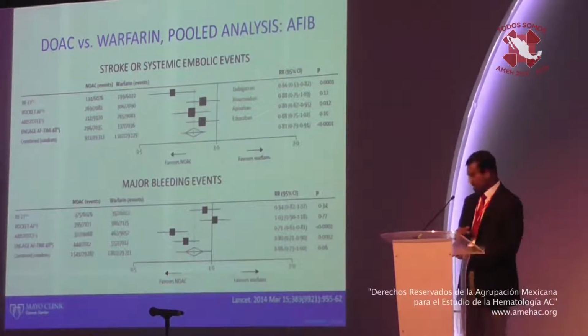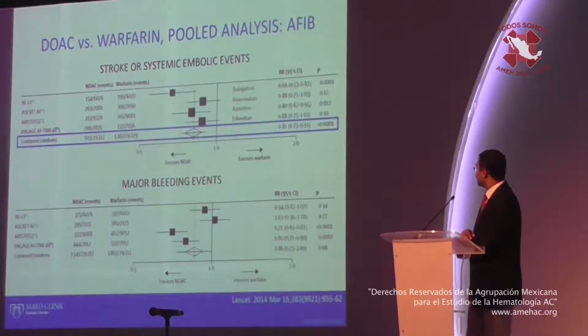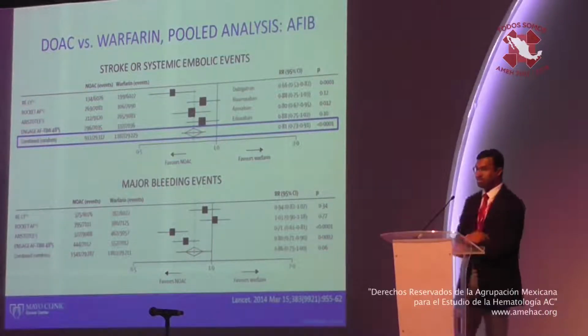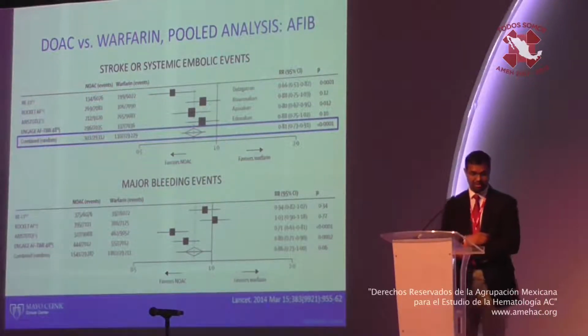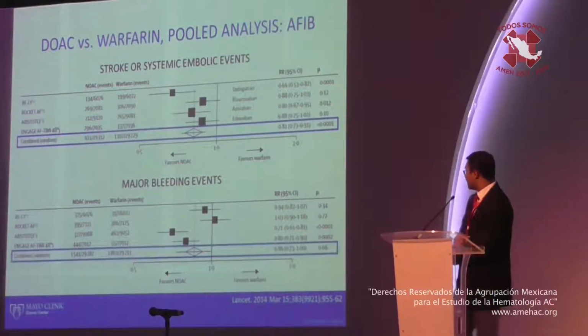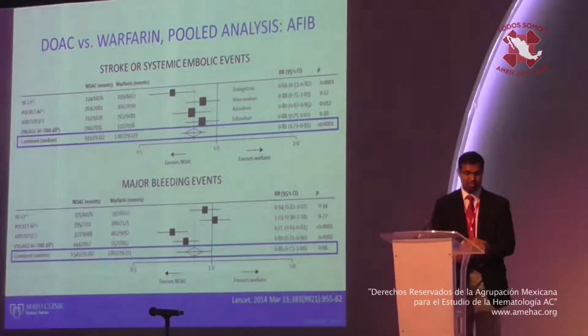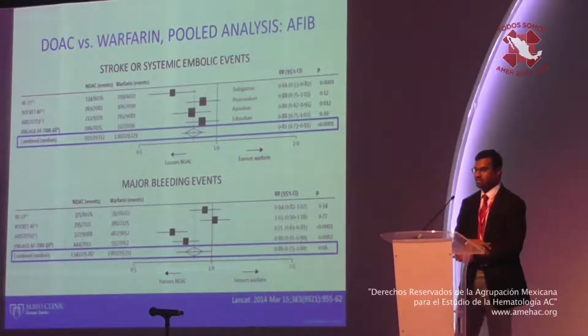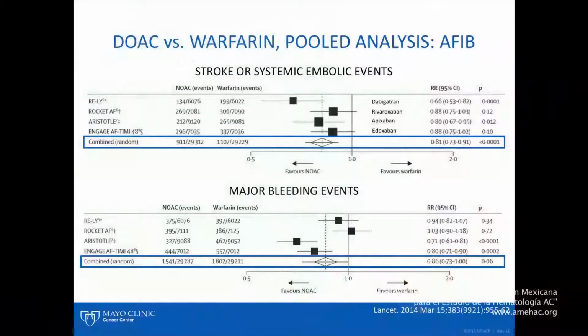You can see that the decrease in stroke or systemic thromboembolic events was much in favor of using NOACs, or the DOACs, sorry. And then looking at the major bleeding events also favors using the DOACs, combining all these studies, the RE-LY study, ROCKET, ARISTOTLE, ENGAGE, all these clinical trials put together.